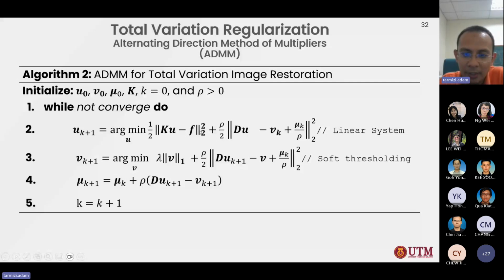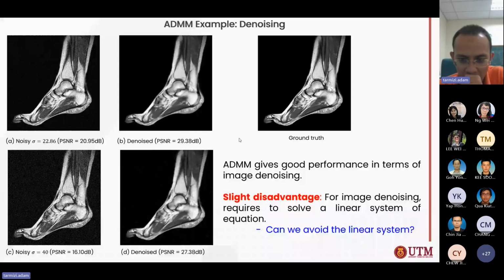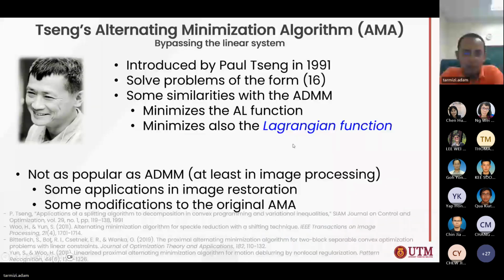So that is just one slight disadvantage of ADMM: you have to solve the linear system. So the question now is, can we avoid this linear system? Yes, we can.